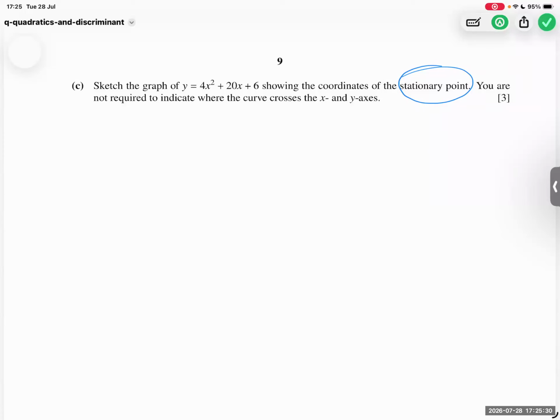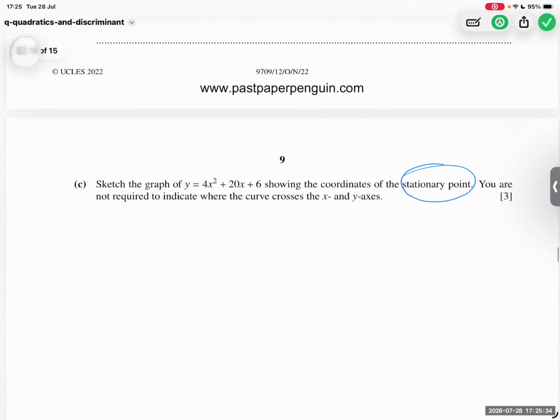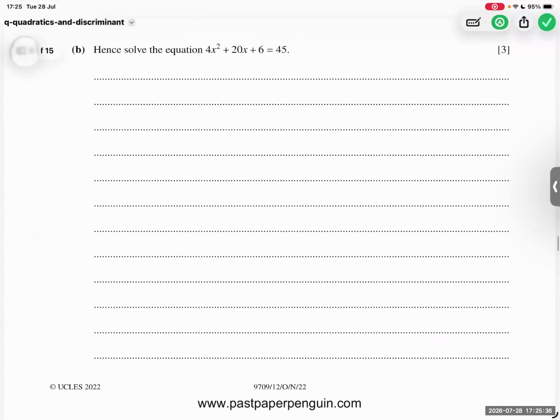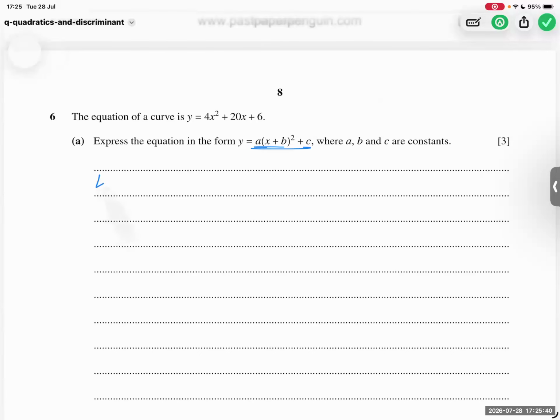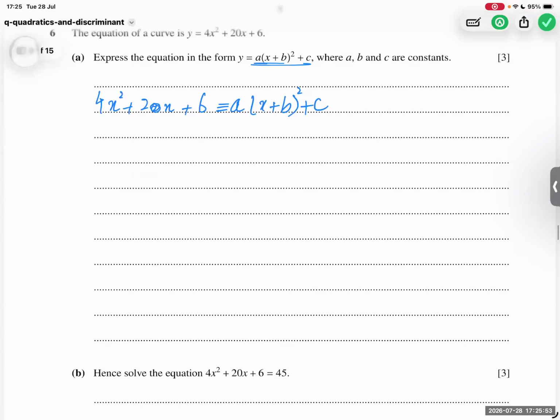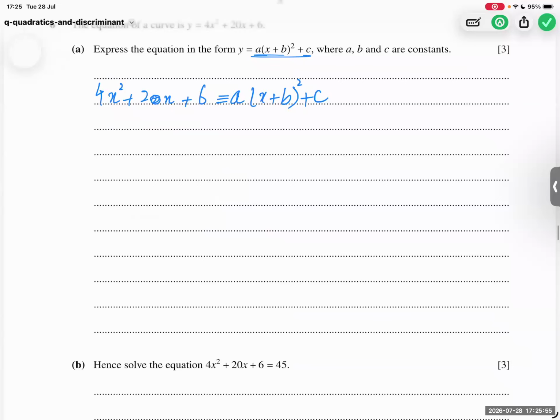We'll do that too, but for now they are basically asking for, once you write it in this complete square form, that simply gives you the thing. So let's do it first. 4x square plus 20x plus 6, that can be written as a into x plus b whole square plus c, right? So let's do it with common stuff.